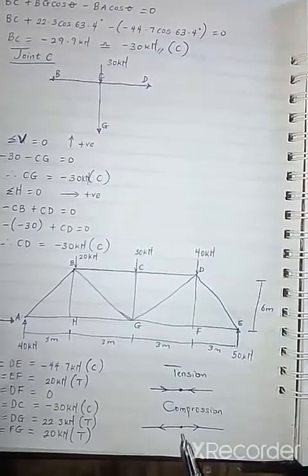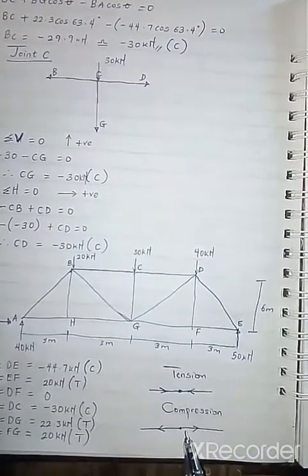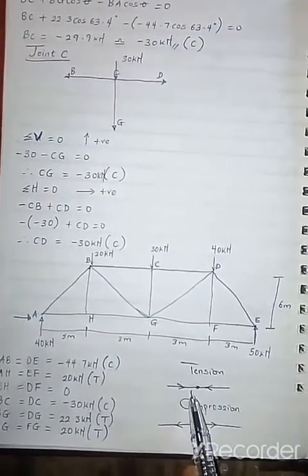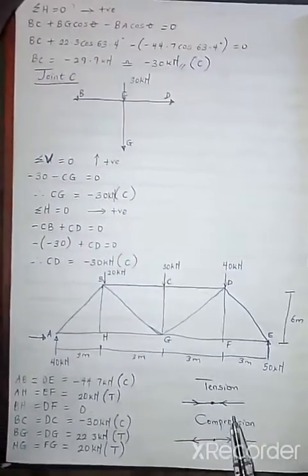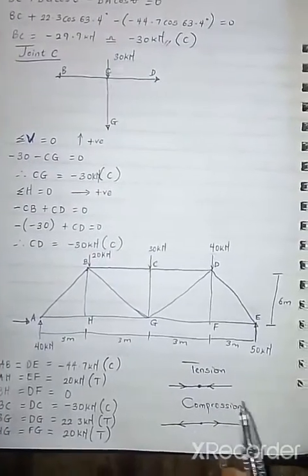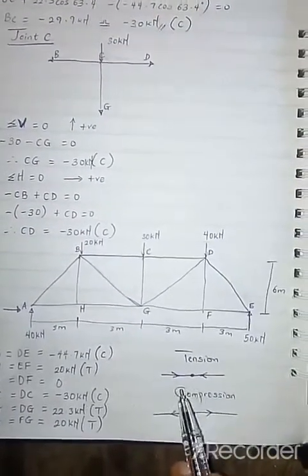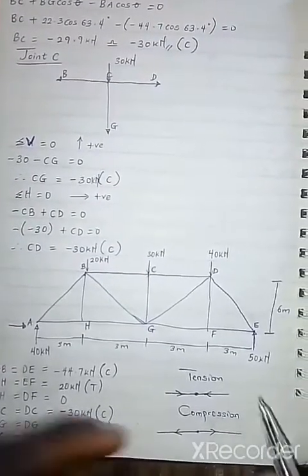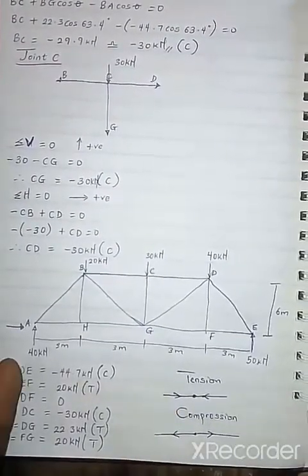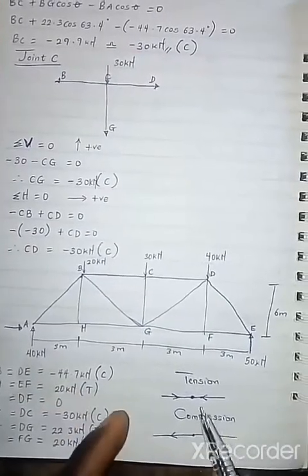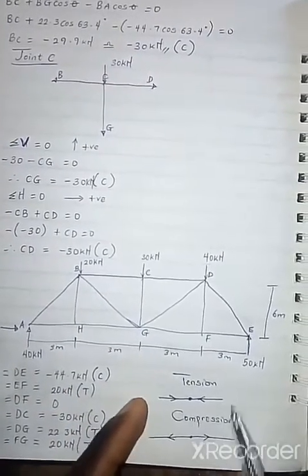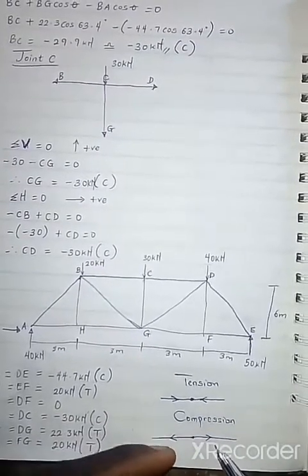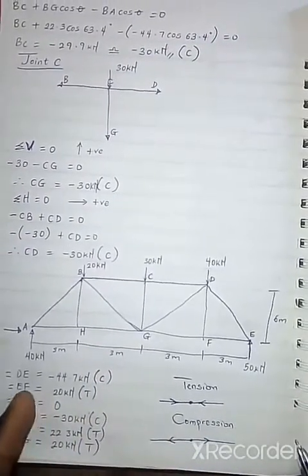So any member in compression, negative, you do it like this. Then any member in tension, you do it like this. The reason why is that to every action there's an equal and opposite reaction. Normally tension is always pulling, but to every action there's an equal and opposite reaction, so it will be the opposite. Then compression too, compression is always like this, so the opposite, so go in this direction.